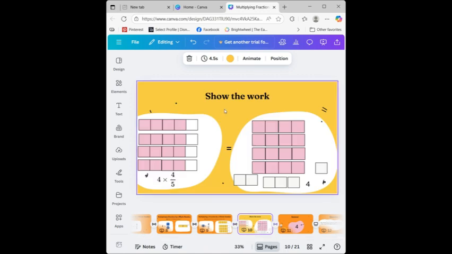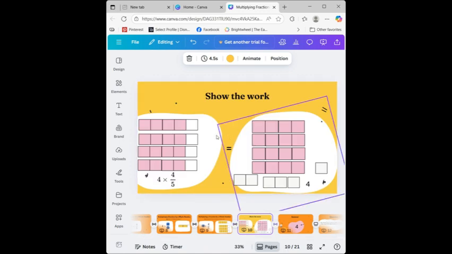So when we show the work, we have to have 4 groups, which we do. It's 1, 2, 3, 4 of 4/5. And we have 5 in one group with 4 shaded in.